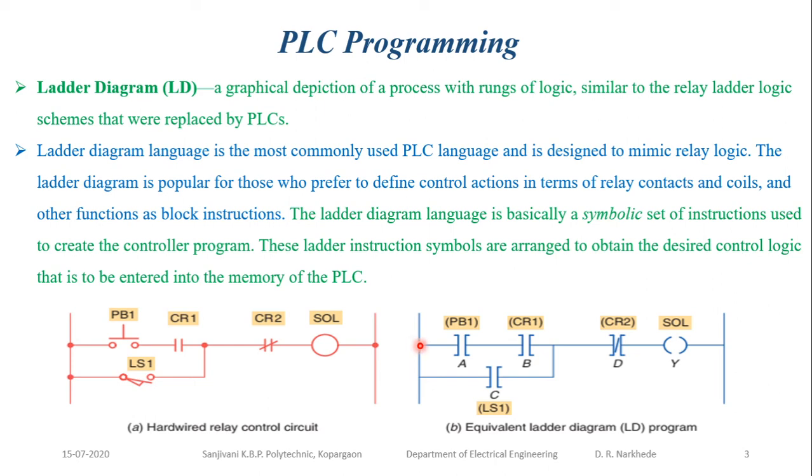So what do you need to remember? Each rung must have at least one input and at least one output. That may be a timer or a relay coil or anything, but it must have at least one output element. If you place only one input element, that results in a short circuit.